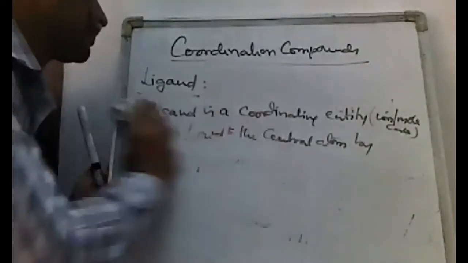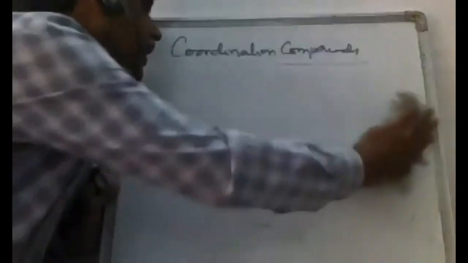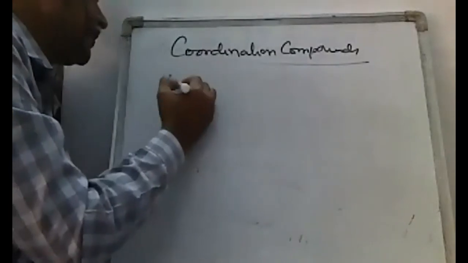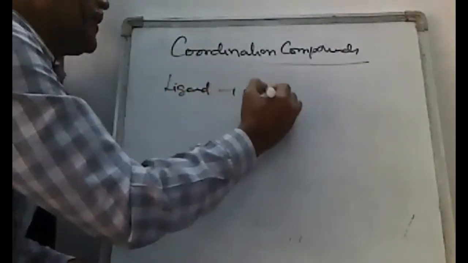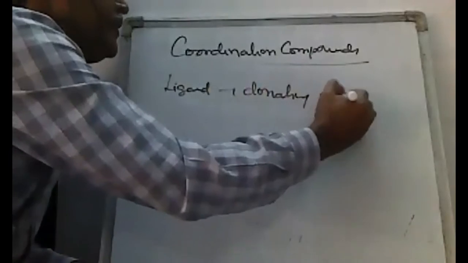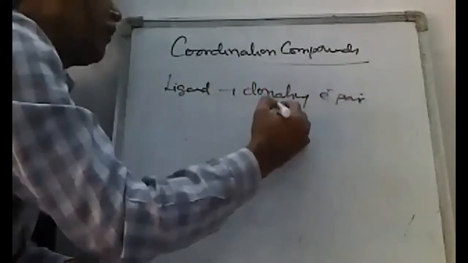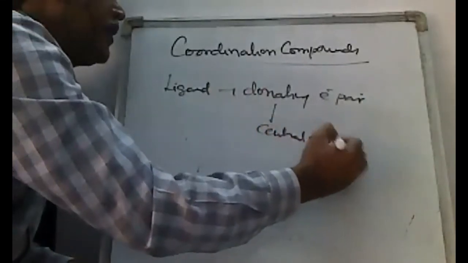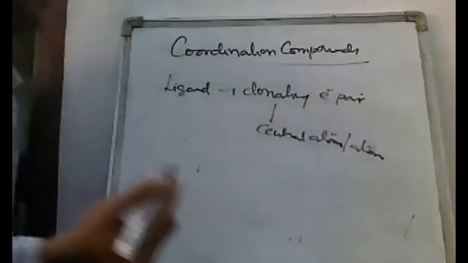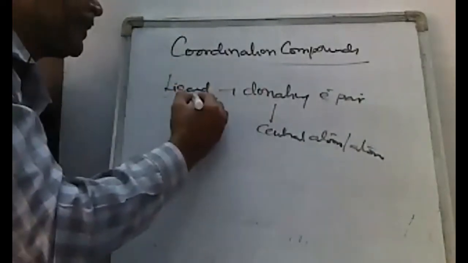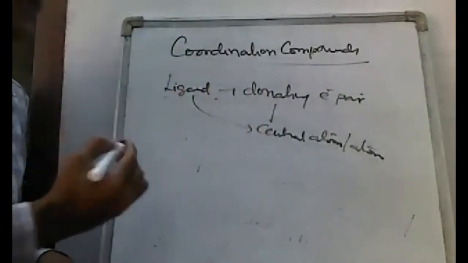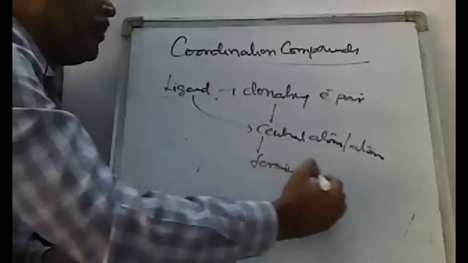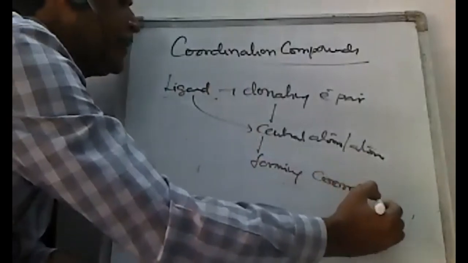These ligands are of several types. What we have to understand is that the ligand is donating electron pairs to the central metal atom or ion, forming a coordinate covalent bond.